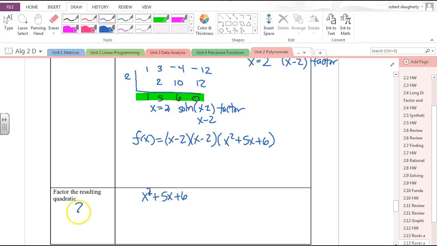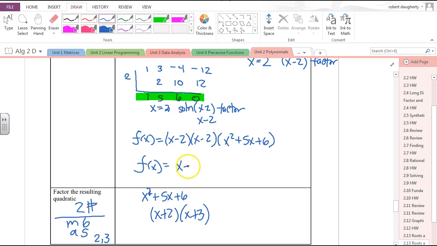If that will factor, I'm looking for two numbers that multiply to 6 and add to 5. Those numbers are 2 and 3. So this is x plus 2, x plus 3. So this polynomial is x minus 2, x minus 2, x plus 2, x plus 3.